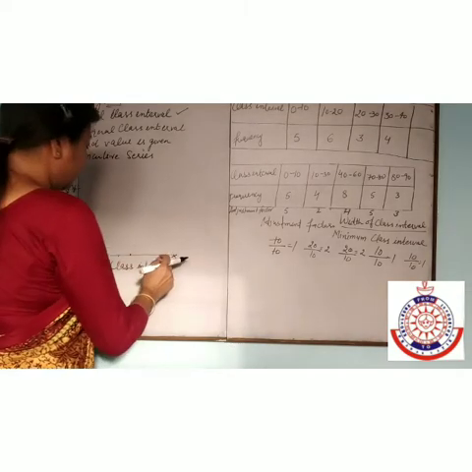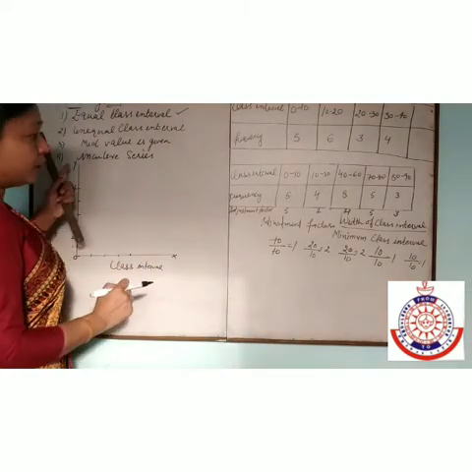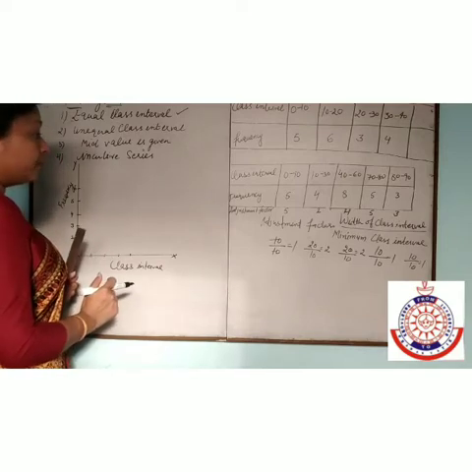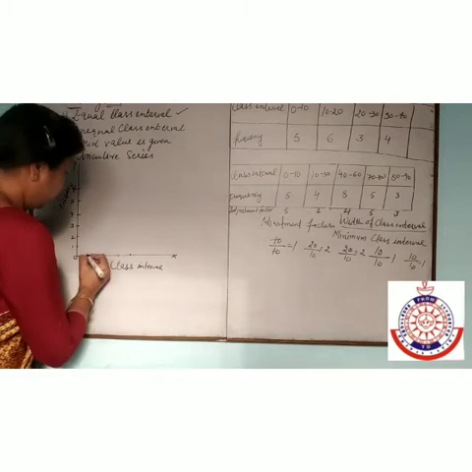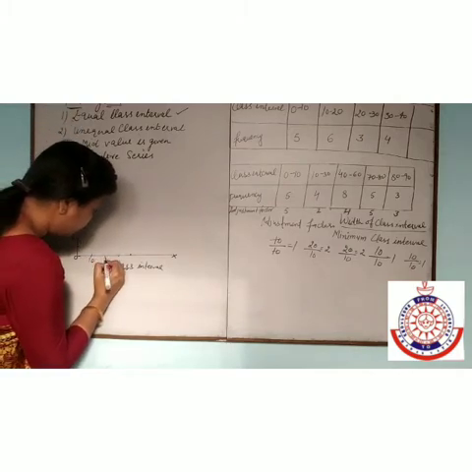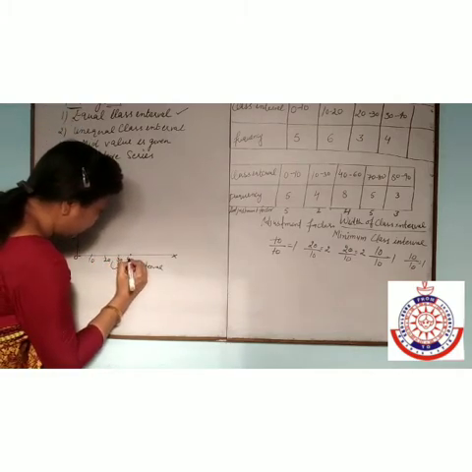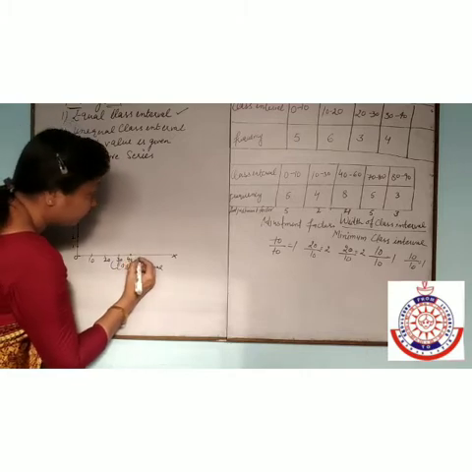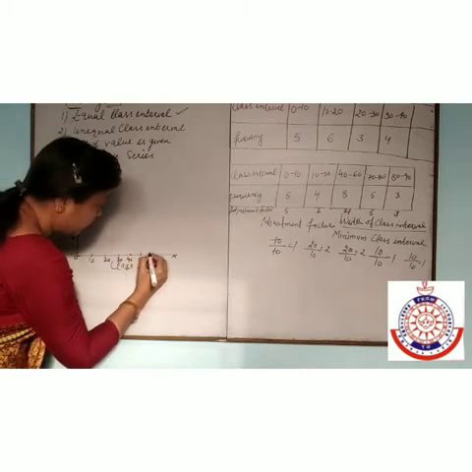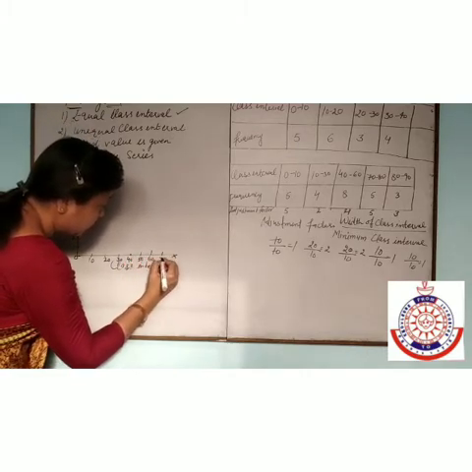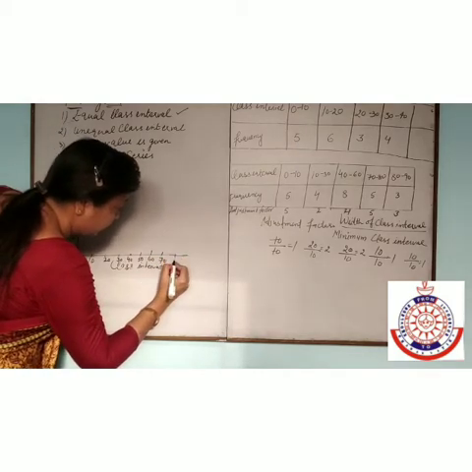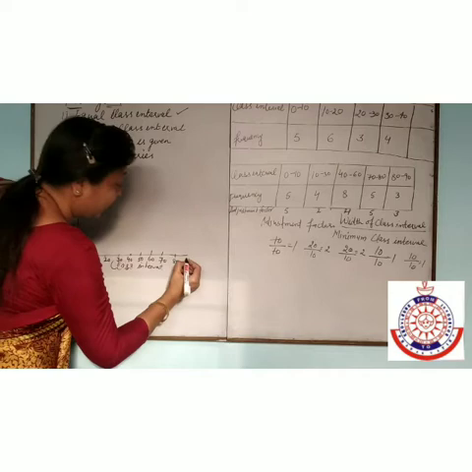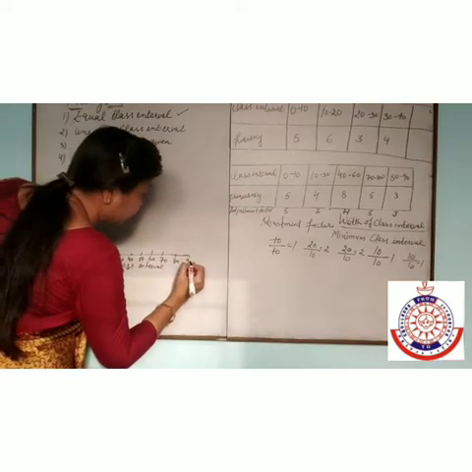On the OX axis we will take the class interval, and on the OY axis we will take the frequency adjustment factor. Here we are taking 10, 20, 30, 40, 50, 60, 70, 80 up to 90.